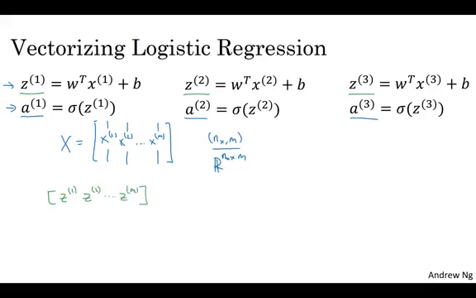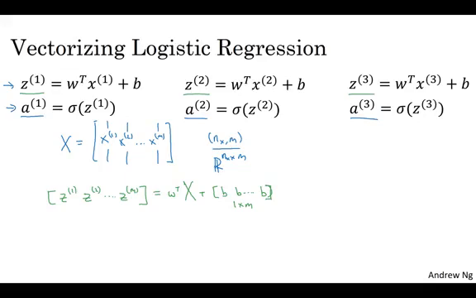This is really a row vector, where I'm going to compute z1, z2, and so on, down to zm, all at the same time. It turns out that this can be expressed as W transpose, the capital matrix X, plus a vector [b, b, ..., b], where this is a 1 by m matrix, that is an m-dimensional row vector.